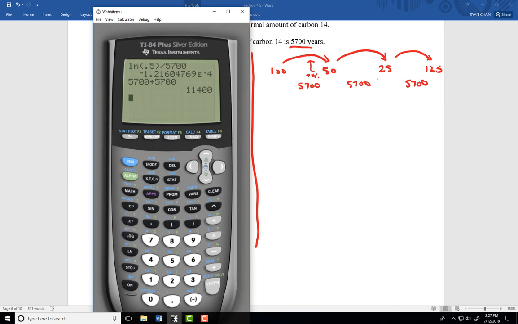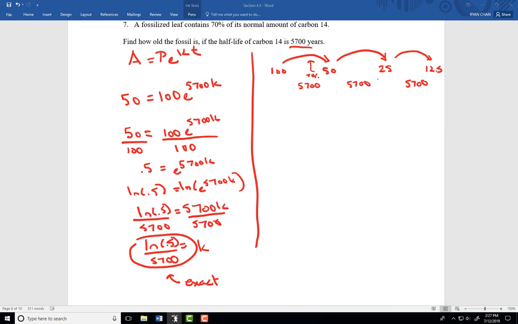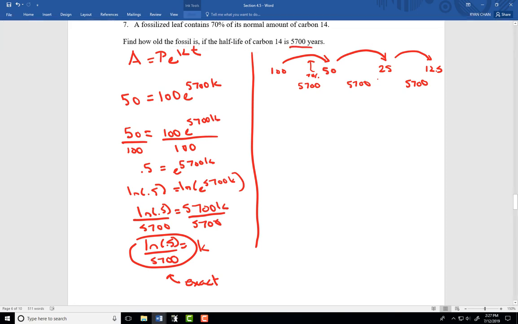So it'll be 11,400 to go to 25, and then 17,100 to get to 12 and a half. Every 5,700 years, it cuts in half. This is a good visualization of what happens as we go on. When I do my answer, it should make sense based on the diagram that I see.